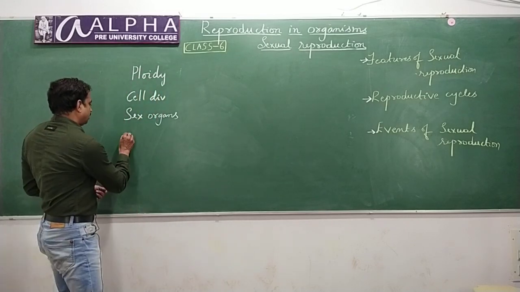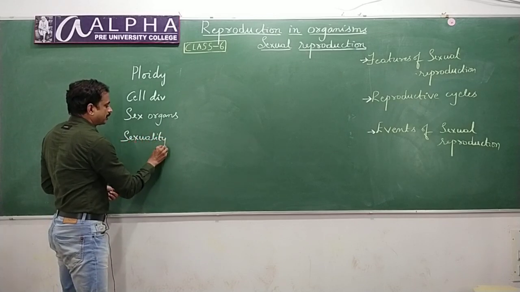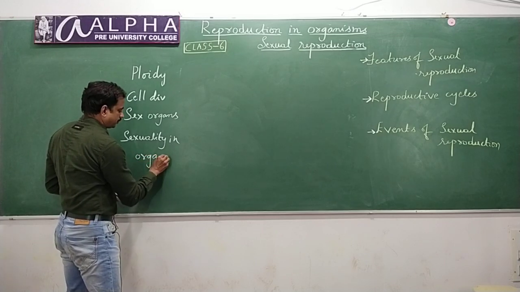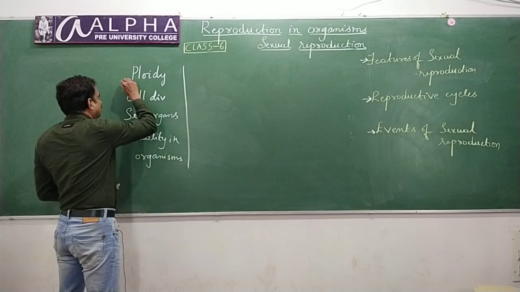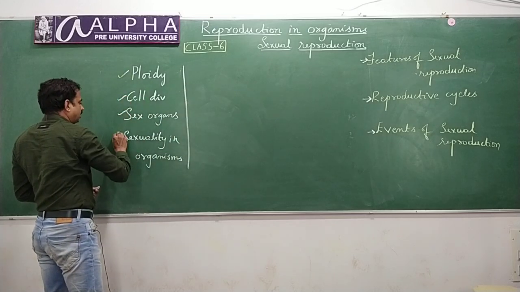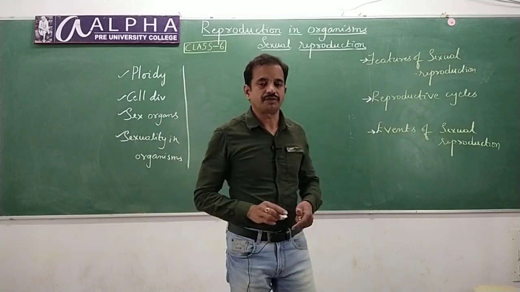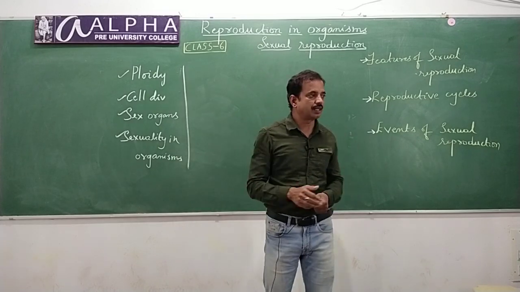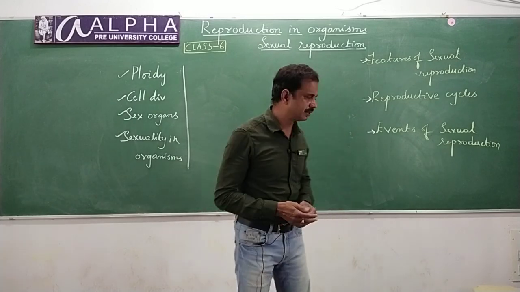And then sexuality in organisms, right? So, if you understand these aspects, I am very much confident that you can catch the points which I give you regarding the topics written on this part of the board, right?